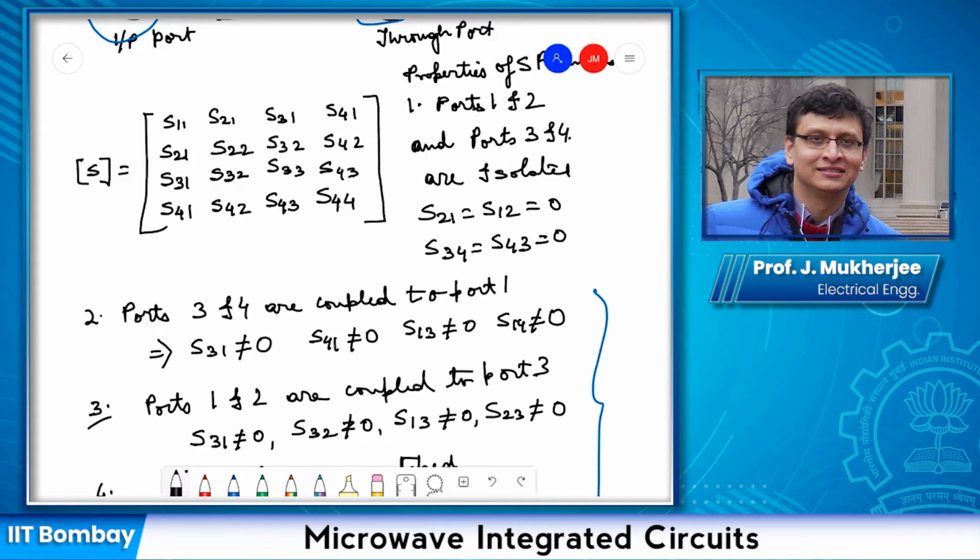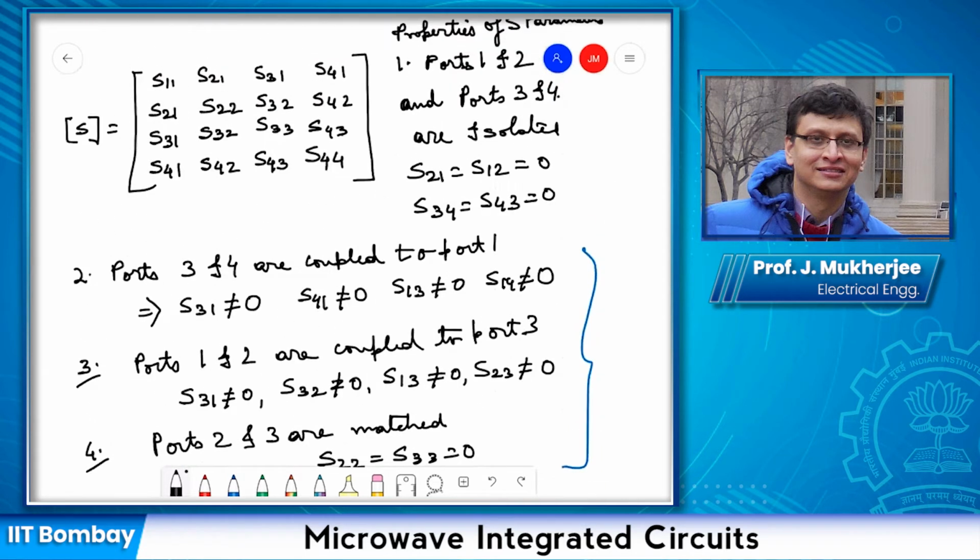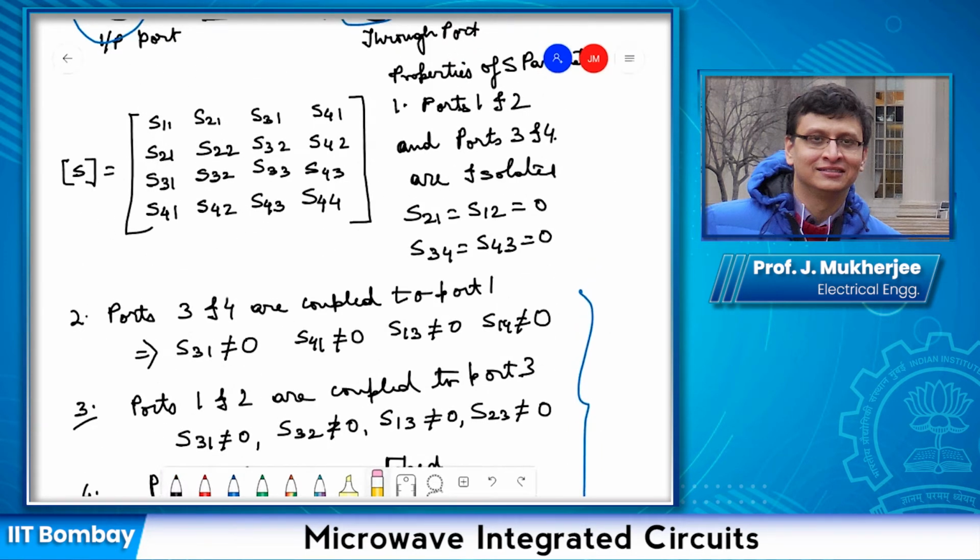Because ports 2 and 3 are matched, we can simply replace these two with 0. Also because ports 1 and 2 are isolated, these will become 0.